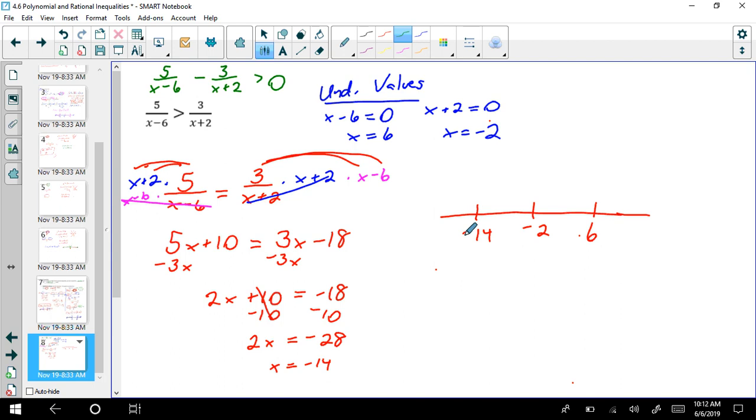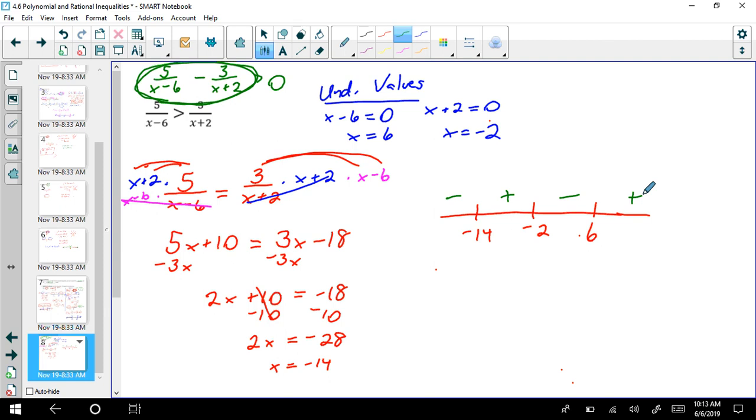So let's pick a number left of negative 14. So you could do negative 15. I'll tell you, if you substitute that into this guy on the left, you should get a negative number out. And then if you continue checking, these are the signs you should get. You're just substituting numbers in.